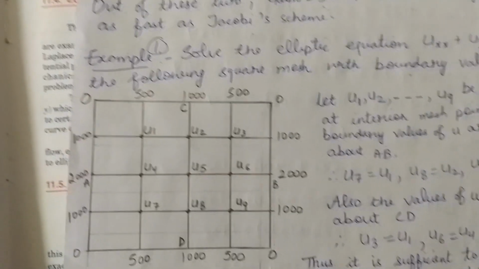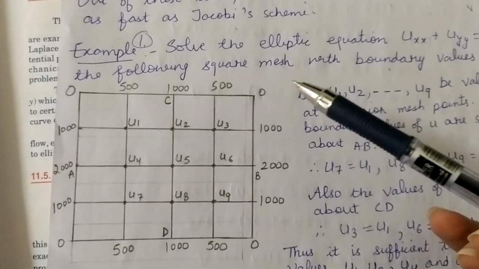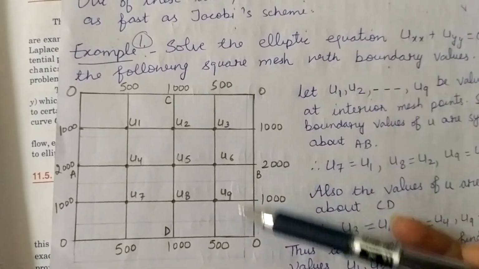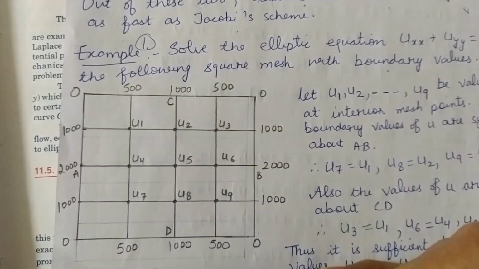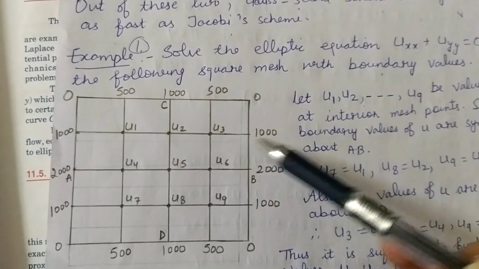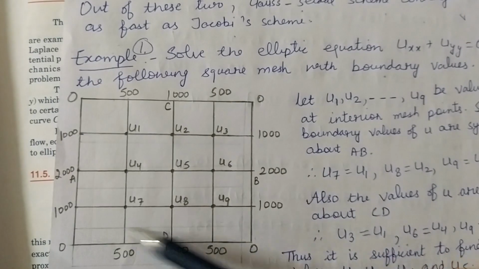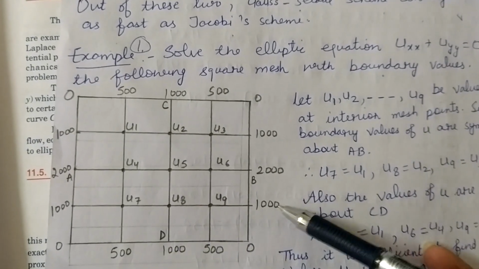Okay. Second thing, if you can observe that the boundary values are symmetrical. 1000 on this side, 1000 on this side. 500, 500. Then again 1000, 2000, 1000. Right?